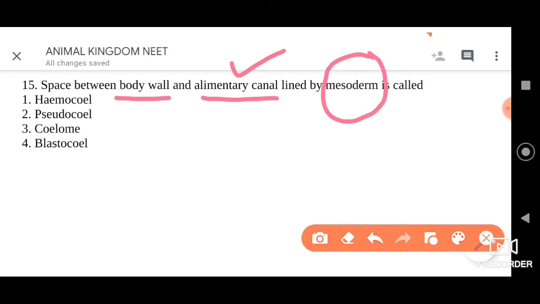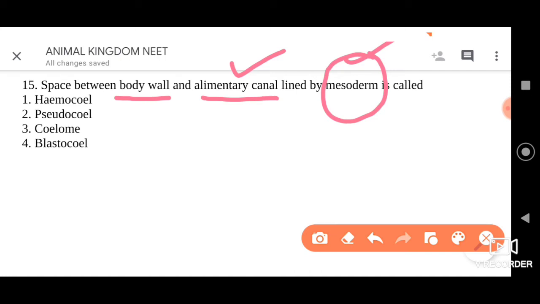We call it the mesoderm. So this is the middle layer. On both sides, on the body wall as well as the alimentary canal, mesoderm is present. It is lined by mesoderm and there is a space in between these two. So let us understand which of the following is that.